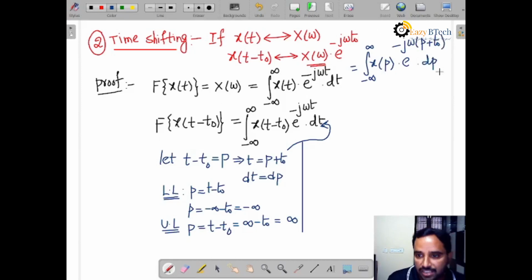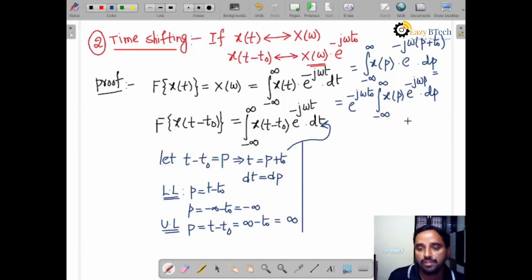Now the integration is with respect to p, so only p terms we keep inside, and the remaining we take outside the integral. The remaining means e to the power minus j omega t naught is written outside. Then the integral from minus infinity to plus infinity of x of p e to the power minus j omega p dp.